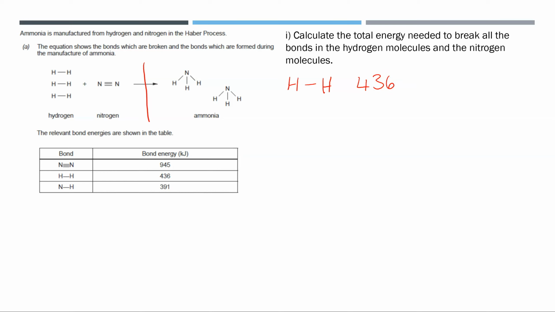We're looking at breaking this one, and we've got 1, 2, 3 of them, so we times that by 3 and that gives us 1308. Then we've got a nitrogen to nitrogen triple bond, which is 945. We've only got one of them, so we don't need to times that by anything.